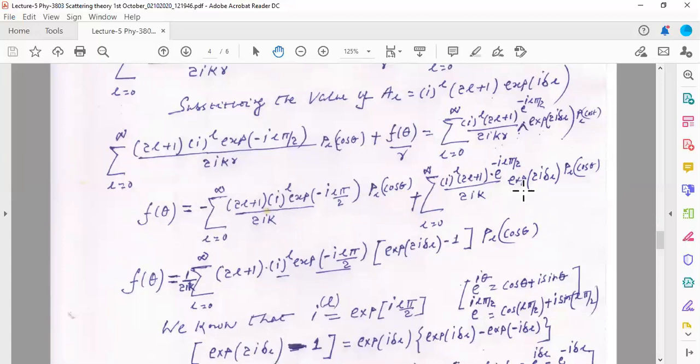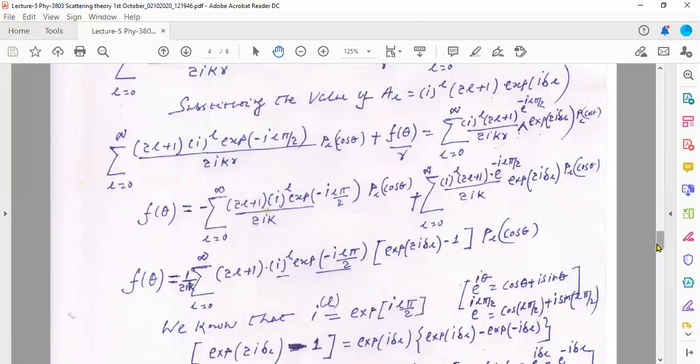I'm taking 1 upon 2ik common, and the common term (2l+1) i to the power of l exponential of minus i l pi by 2 and P_l(cos theta) I'm taking outside. So this will simply be e to the power of 2i delta_l minus 1, into P_l(cos theta). This is simple. And please remember there is a multiplier term 1 upon 2i.